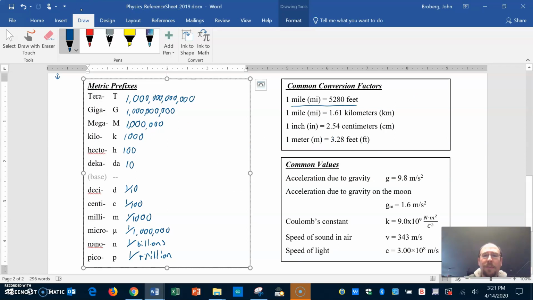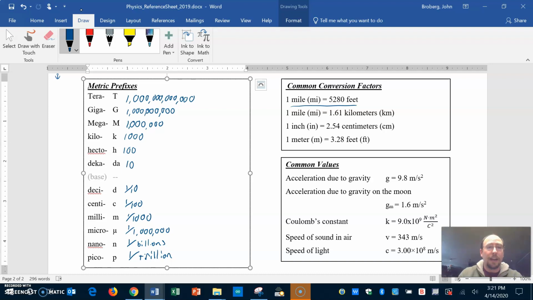And when I look at my reference sheet, well, for miles there's kilometers, there's meters and feet. There's a couple ways you could actually do this. Instead of dealing with just one conversion factor, I could try to connect two things together. I'm in meters, and if I can convert it to feet, then I could convert feet to miles.